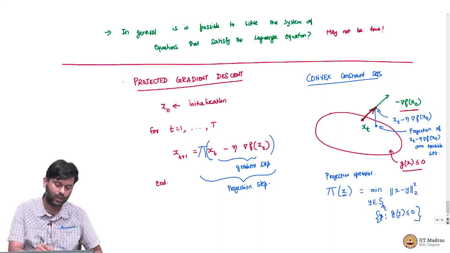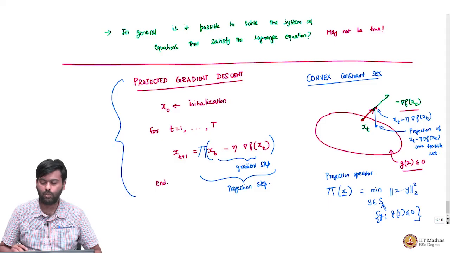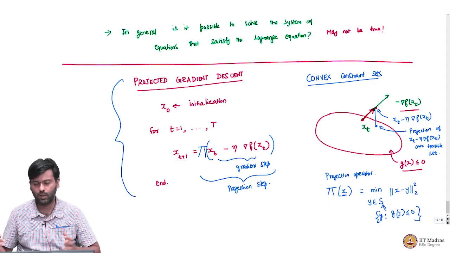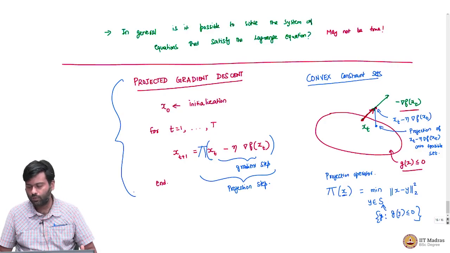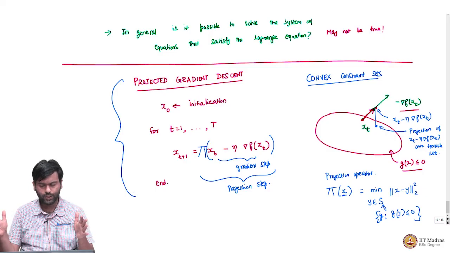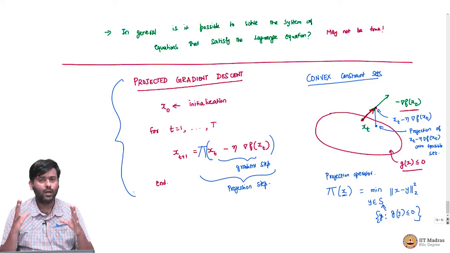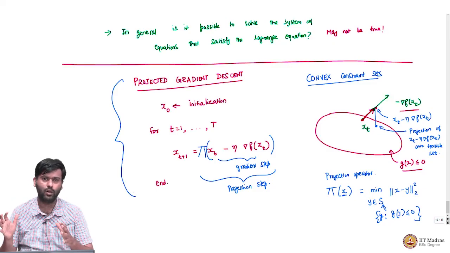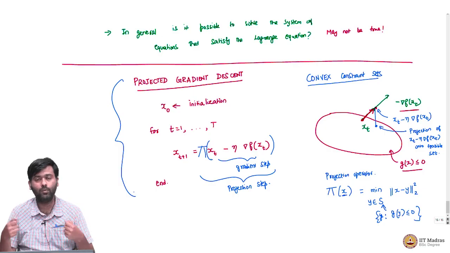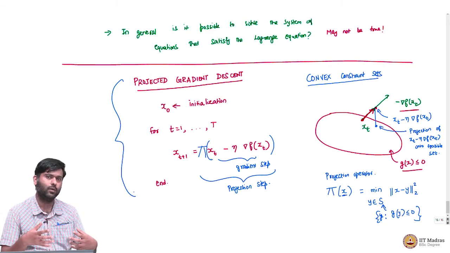So, this is the projected gradient descent algorithm, and we will talk a bit about this in the coming lectures. For now I want to summarize by saying that so far we have looked at the problem of optimization in general. We have talked about gradient descent which works for unconstrained optimization problems. We looked at the constrained case and we came up with this method of Lagrange multipliers. We saw an example where you can in fact analytically solve certain problems using the method of Lagrange multipliers.